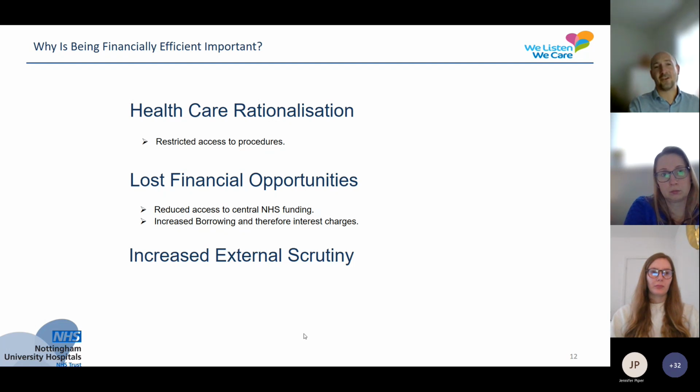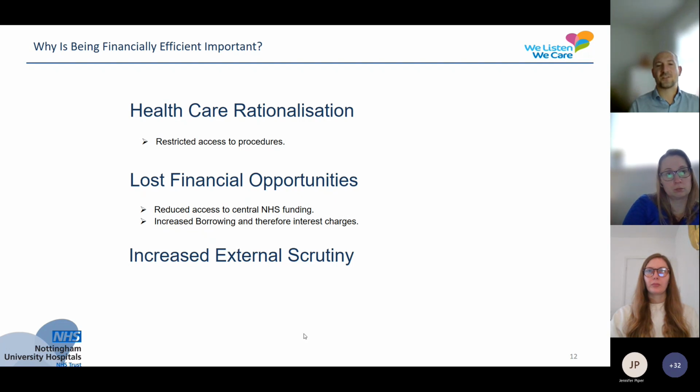Also, if you can't get access to central pots of money, it means that you have to increase your borrowing, and that can be just to cover your cost base. So at NUH, we are running at a deficit currently. That means that once the cash runs out, you have to find other sources of money, and that comes through what's called a public dividend drawdown.